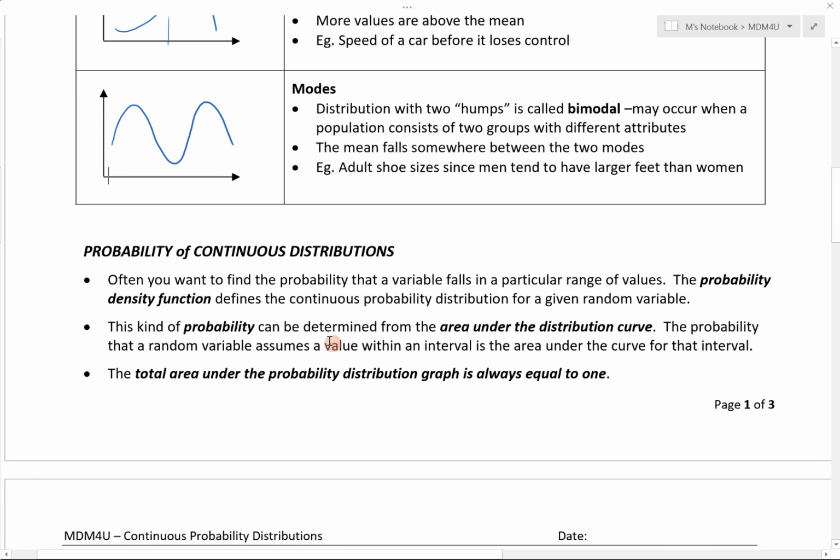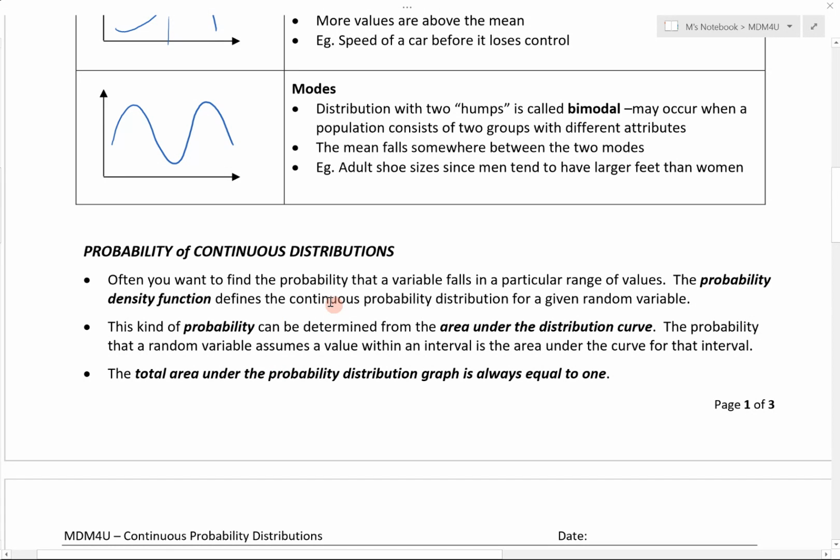Often you want to find the probability that a variable falls in a particular range of values. The probability density function defines a continuous probability distribution for a given random variable. This kind of probability can be determined from the area under the distribution curve. The probability that a random variable assumes a value within an interval is the area under the curve for that interval.